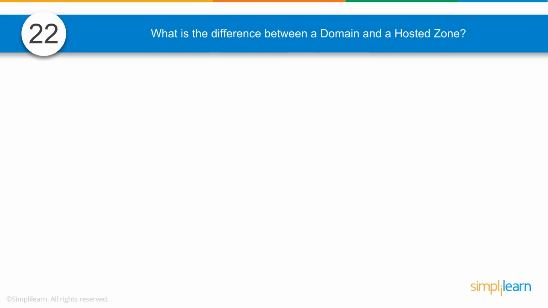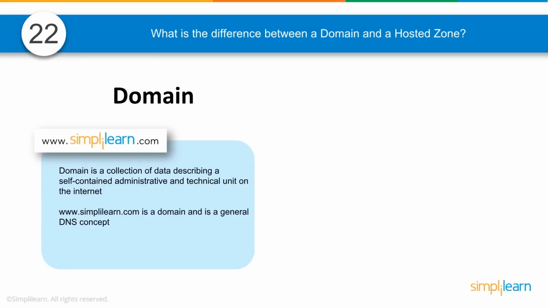If you are hired for the architect role and that requires working a lot on the DNS, then you could be asked this question: what is the difference between a domain and a hosted zone? A domain is actually a collection of data describing a self-contained administrative and technical unit on the internet, right? So for example, Simplilearn.com is a domain.